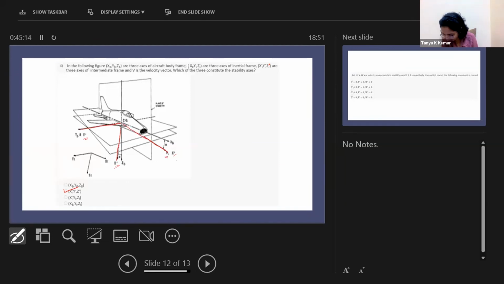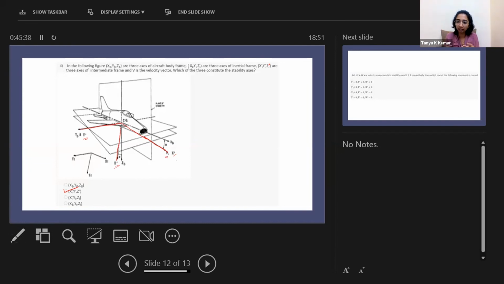In this axis, the three components of velocity are u, v, w. This capital V is the oncoming velocity direction. Now, when you've oriented your aircraft in the oncoming velocity direction, your xb, that is x dash, points towards the velocity. It is already oriented in the velocity direction. So it has no components in z dash and y dash, right?